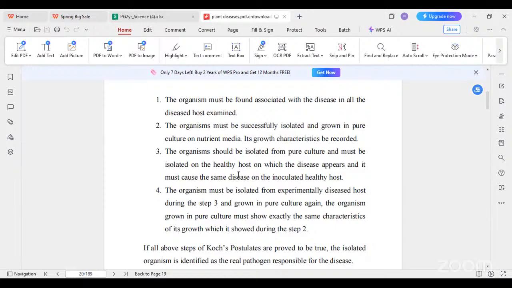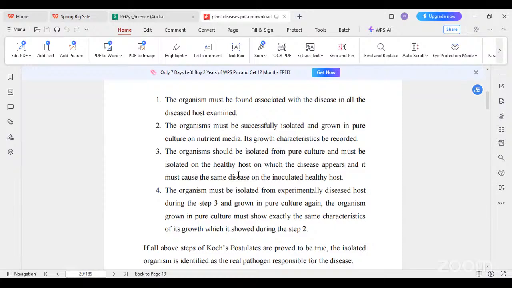The organism from pure culture must be inoculated on the healthy host on which the disease appears, and it must cause the same disease on the inoculated healthy host. The organism must be isolated from the experimentally diseased host during step 3 and grown in pure culture again.